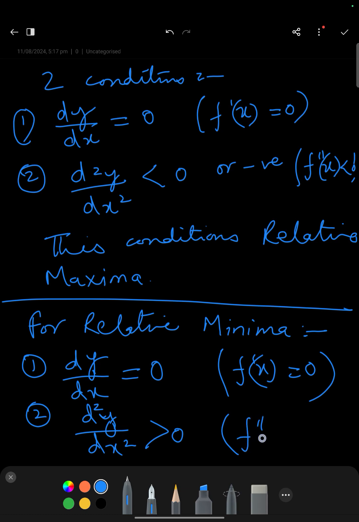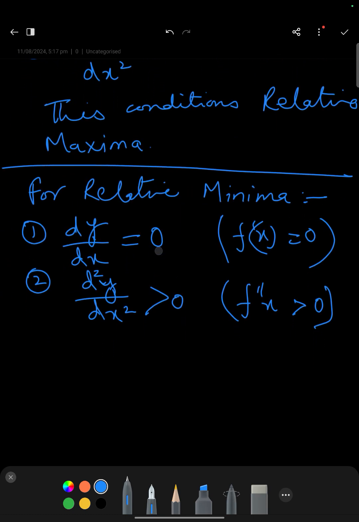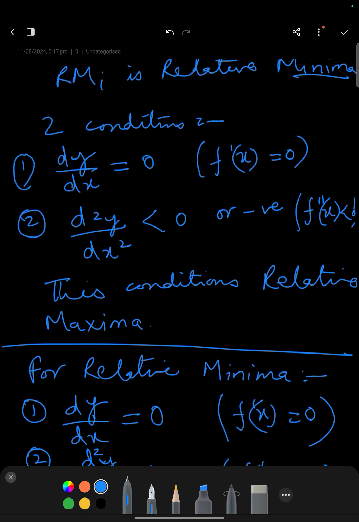When the second derivative is positive, it means we have relative minima. You can remember it like this: when there is minima it will be positive, the opposite, and when it is maxima it will be negative.